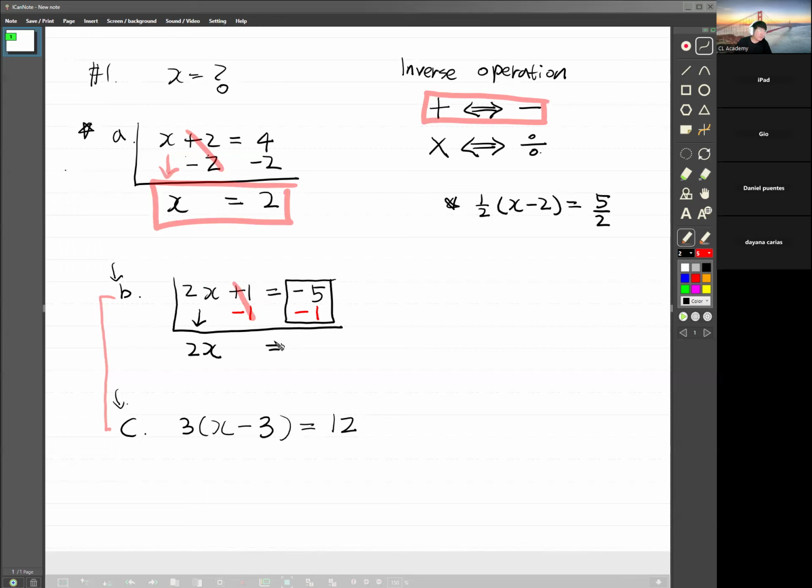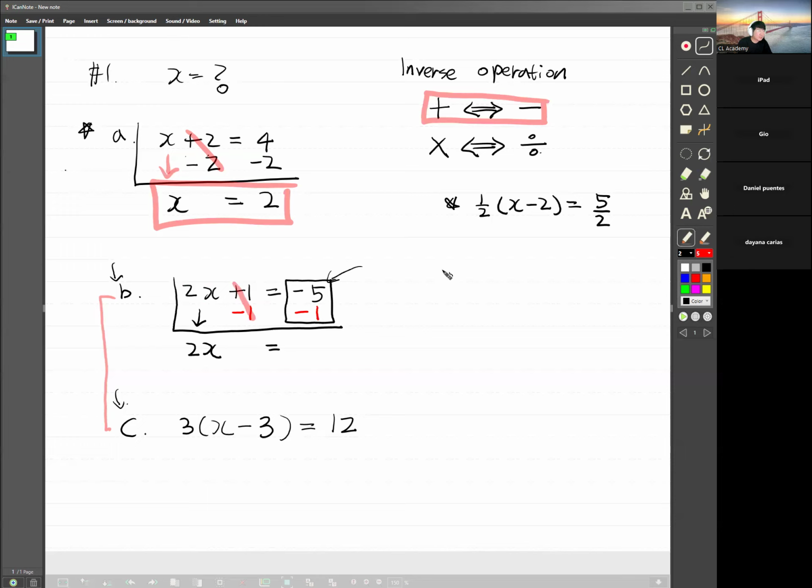Everyone send me a message. What is -5 minus 1? Again, it's okay if you have no idea, but let's try it out. What is -5 minus 1? Send me a message. Okay.